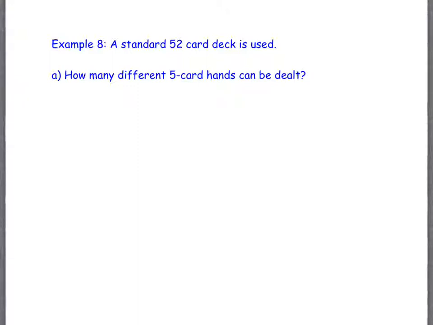Any kind of game that you're working with cards in, Old Maid, right? You move things around, and you move them around for whatever reason. So since the order doesn't matter, is it a combination or a permutation? Combination. So anything that you're doing with a deck of cards is a combination problem, all right?